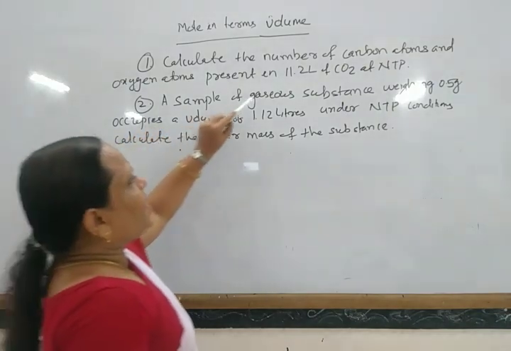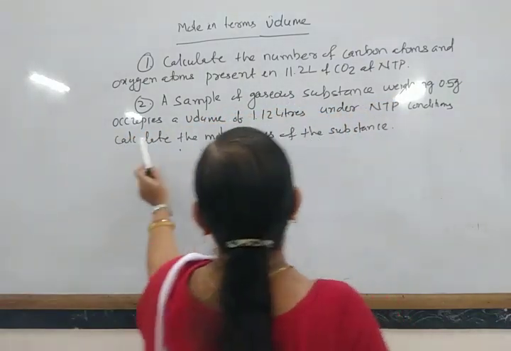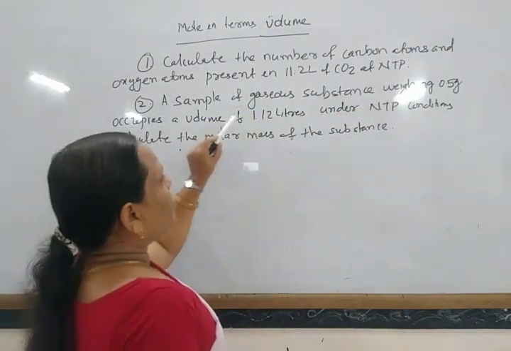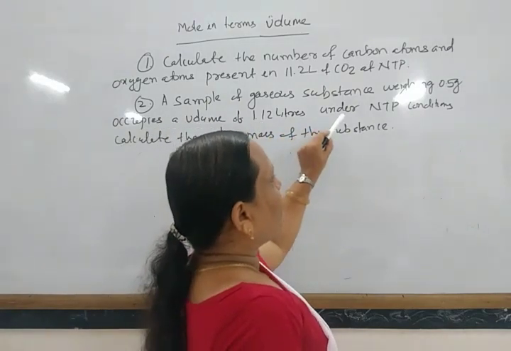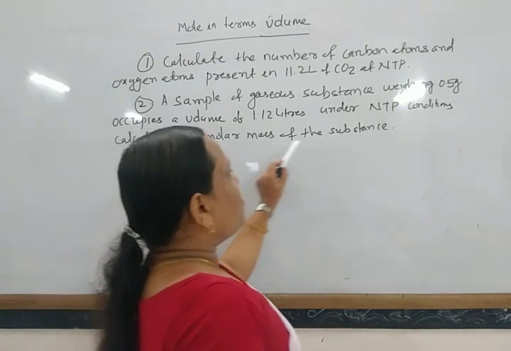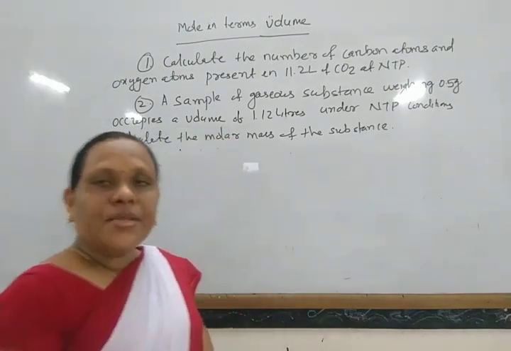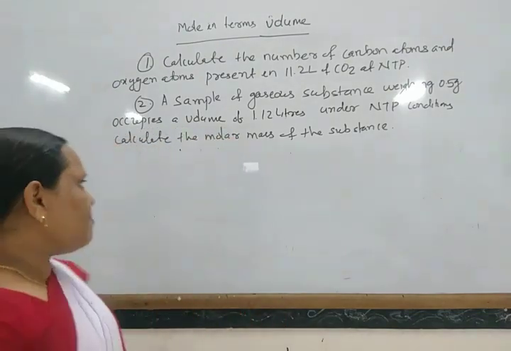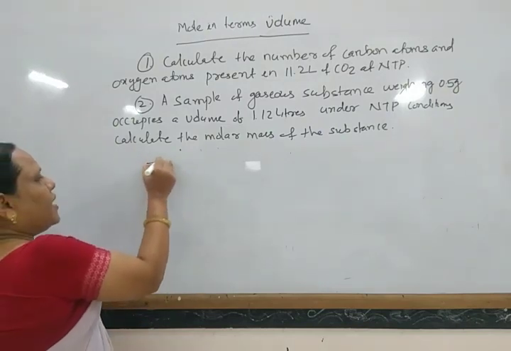A sample of gaseous substance weighing 0.5 gram occupies a volume of 1.12 liter under NTP condition. Calculate the molar mass of the gas. So how to calculate the molar mass?